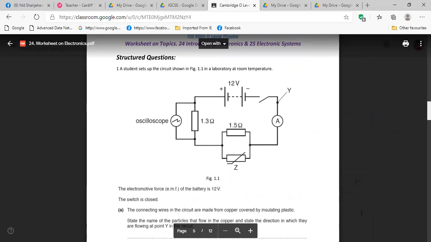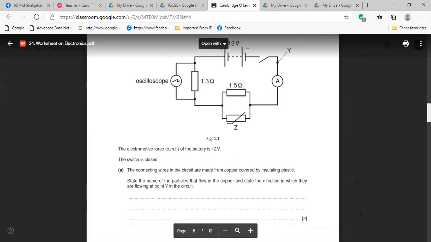Read loudly, please. The electromotive force EMF of a battery is 12 volts. The switch is closed. The connecting wires in the circuit are made from copper covered by insulating plastic. State the name of the particles that flow in the copper and state the direction in which they flow at point Y in the circuit. What is flowing in the copper?